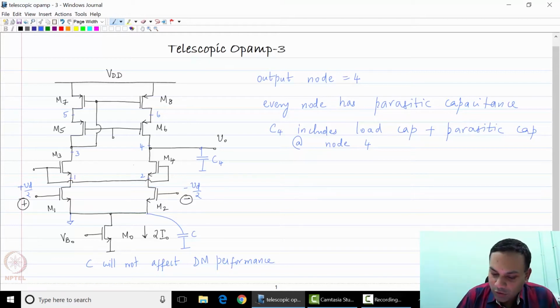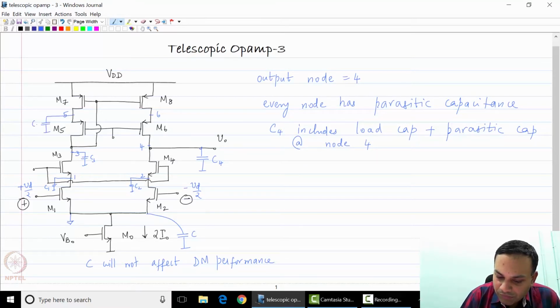Apart from this, you will have other capacitances, C1, C2, C3, C5 and C6.